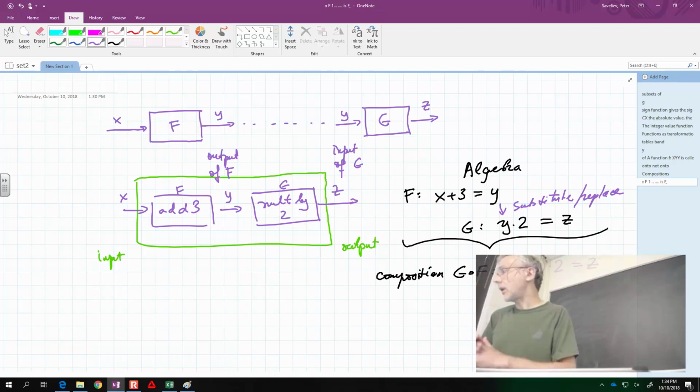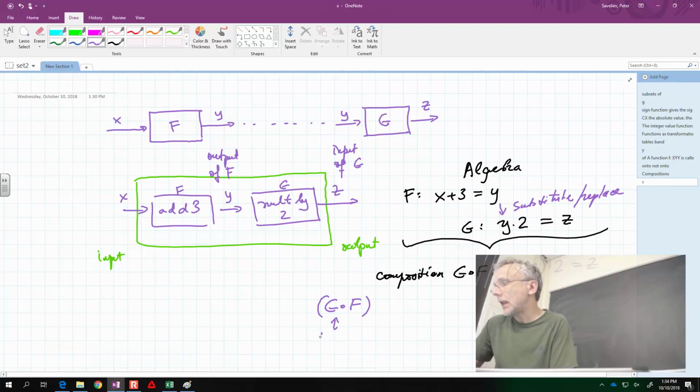Our computable y has been eliminated. It is a disposable variable, and now I have z directly computed in terms of x. If I want to use that notation, this is what I write: g circle f. That is the name of the new function.